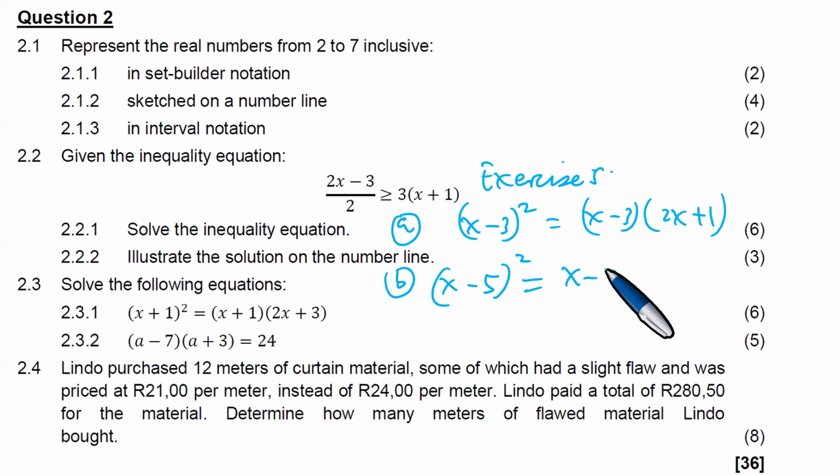So you have this, and then you have x minus 5.